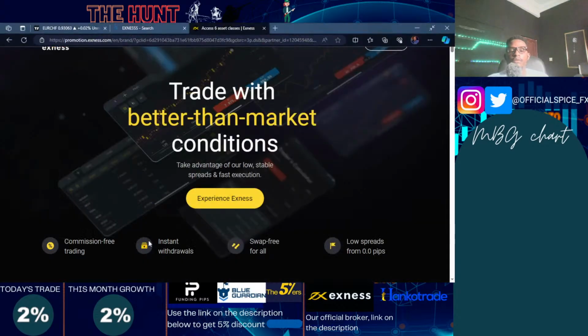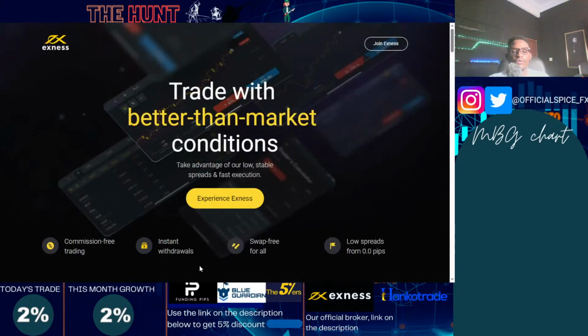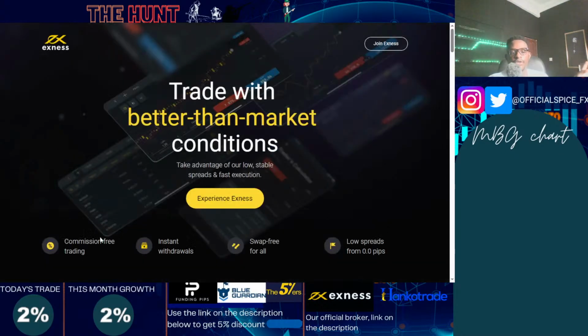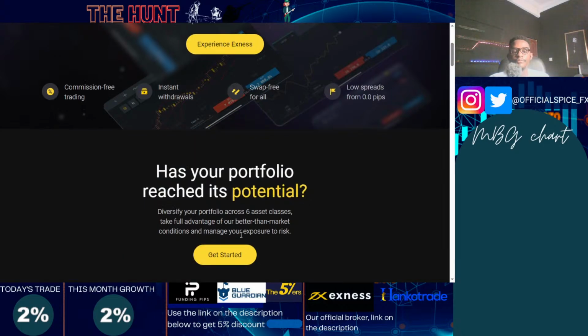You can deposit any amount on their other accounts, like the commission free one, but I don't recommend it for scalping or day trading. I strongly recommend you use their low spread.